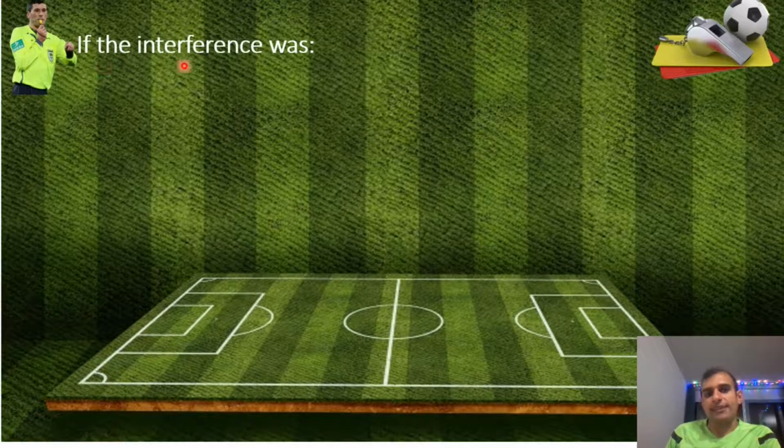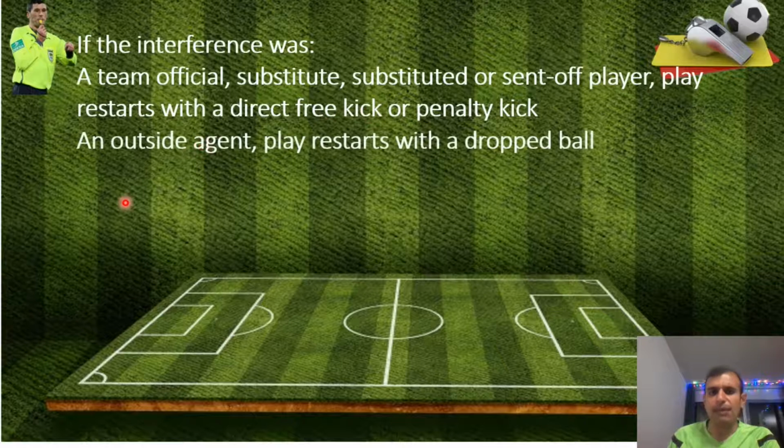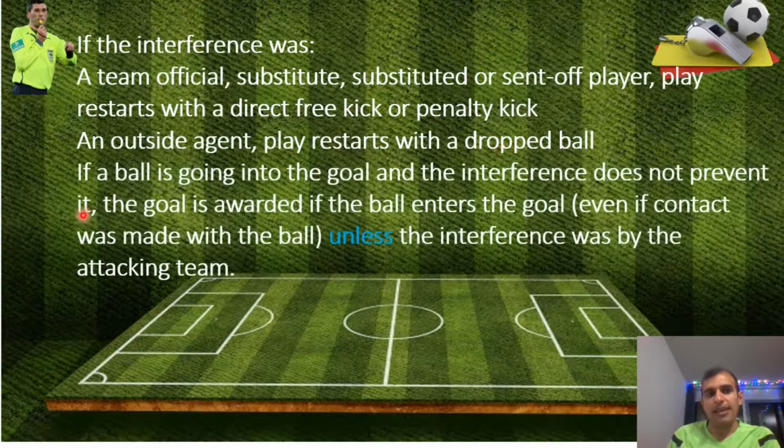If the interference was by a team official, substituted or sent off player, play starts with a direct free kick or penalty kick. But if it's an outside agent, play starts with a dropped ball. If the ball is going into the goal and the interference doesn't prevent it, the goal is awarded if the ball enters the goal.